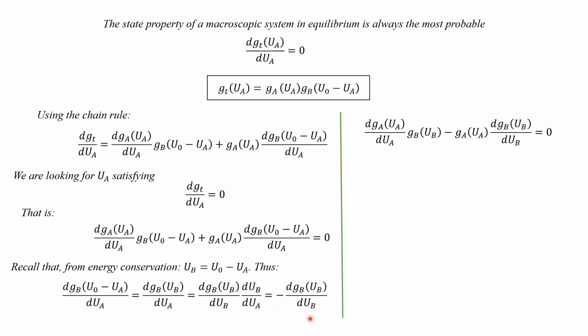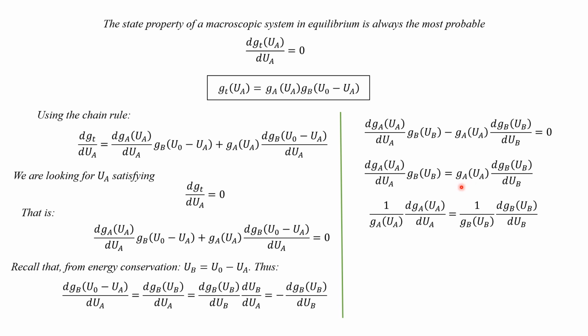So using this expression over here, we get this condition. Then we move this part to the other side and move this multiplicity to this side, so it passes dividing.